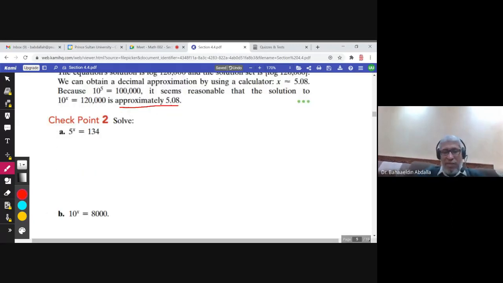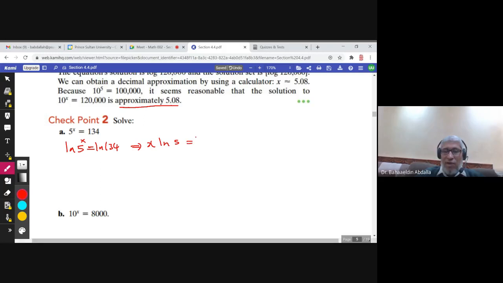Let us solve these exercises. Immediately I will use ln. So ln 5 to the power x equals ln 134, because I cannot write 134 as 5 to some power. I cannot make the bases the same here. Now I bring x down using the power rule.